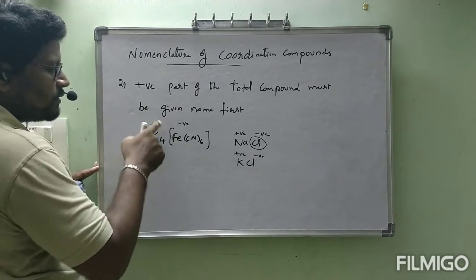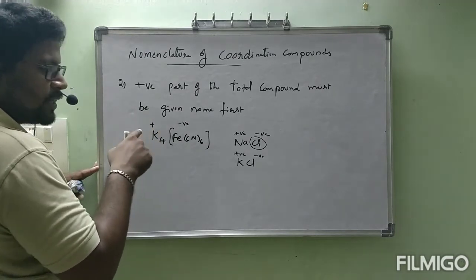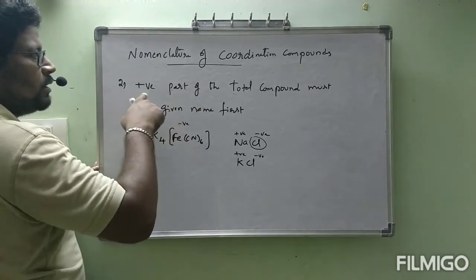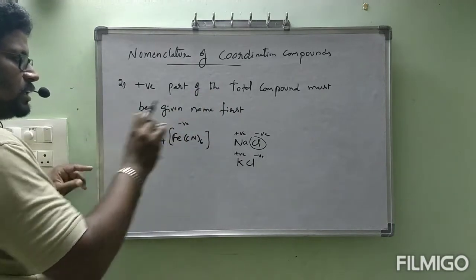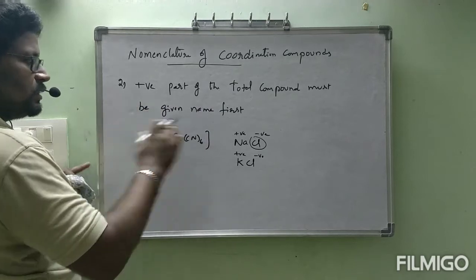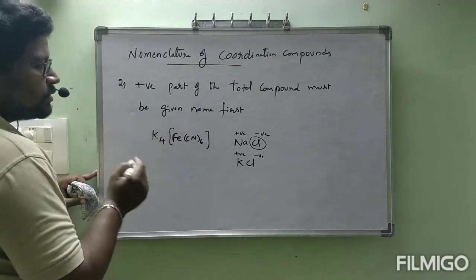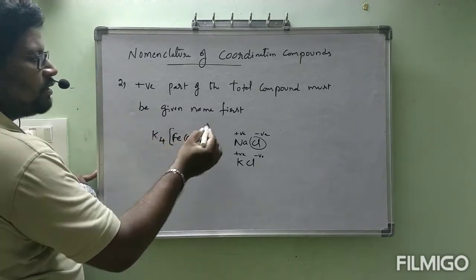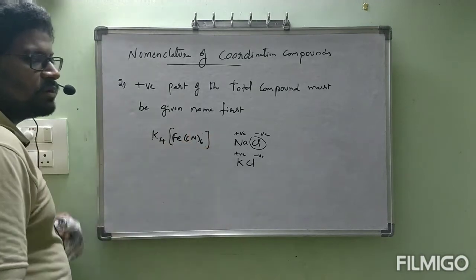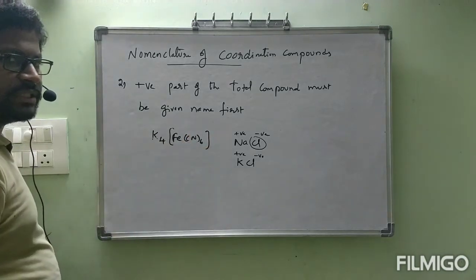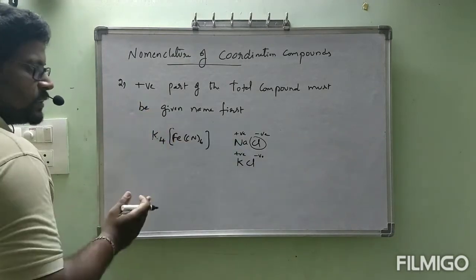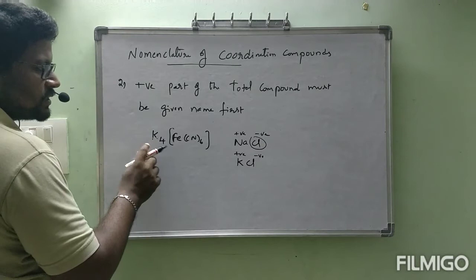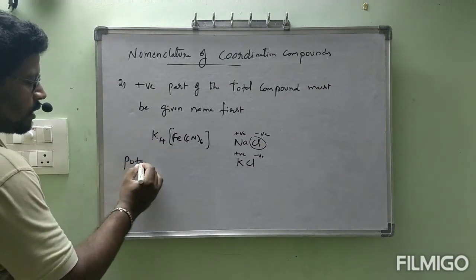So first we have to give the name for this positive part in the entire compound. Actually the total compound has oxidation number 0 only. How is it 0? 4 positive charges are there, 4 negative charges are there. That's why the total compound is 0. But we can split into two parts now, like NaCl. Then this one must be given first. So potassium.